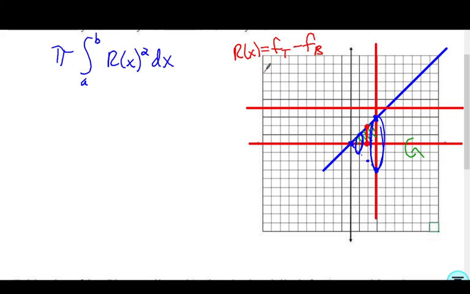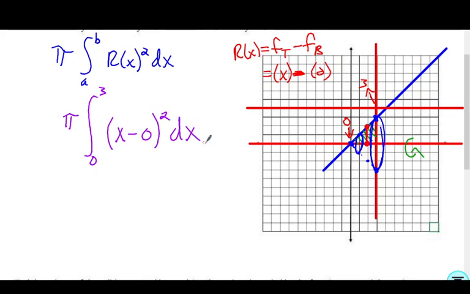My top function is going to be x, and the bottom function minus 0. And my volume starts here, the rotation starts at 0, and ends here at 3. So when we set up our integral, it is going to be pi from 0 to 3 of x minus 0 squared dx. Okay? So this is if we were doing disks.